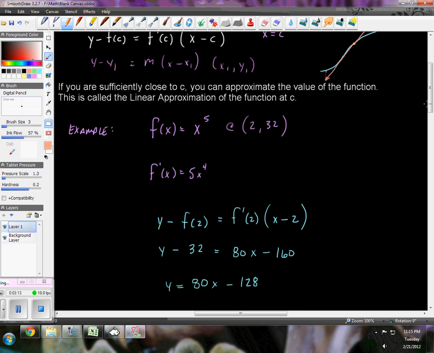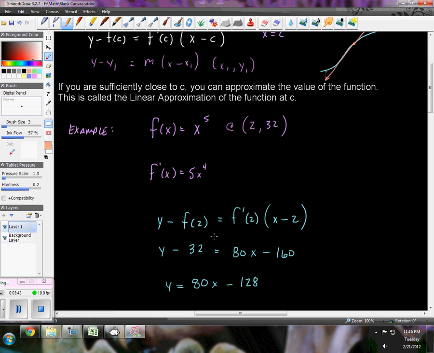Now here's a quick, simple example. Let the function be x to the fifth. You may not know what the function looks like. You may only have what the derivative looks like. That's not so bad, I suppose. But now you have this constraint of looking at this point. If we look at what the function does around the point x equals 2, first we take its derivative.